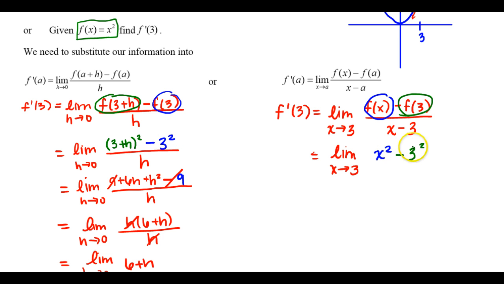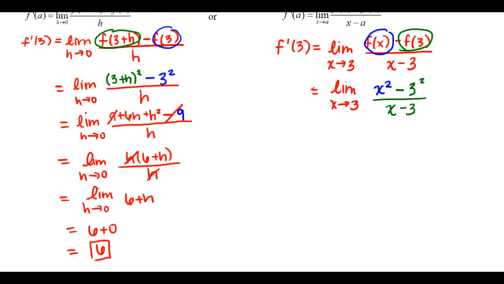So x squared minus 3 squared over x minus 3. So we'll give ourselves some more room here. We have the limit as x approaches 3 of x squared minus 9 over x minus 3. Again, with this limit, we can try direct substitution. So we get 3 squared minus 9 over 3 minus 3, so we get 0 over 0.